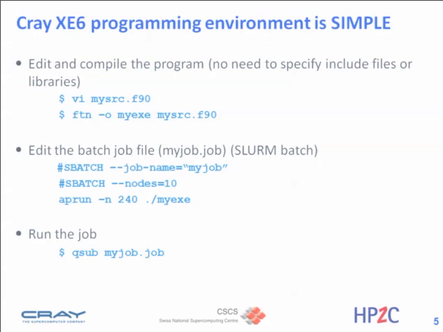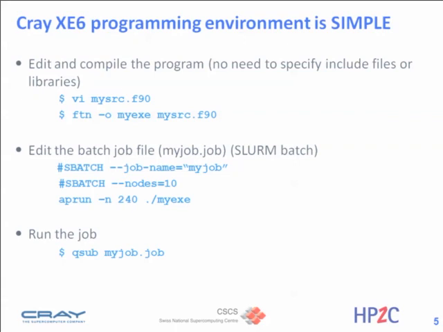Then you need to edit a batch file or run interactively in some cases. You set up information in the prologue of the batch file, for example, the name of the job and the number of nodes you need to use, and then you run the executable with aprun, and that's what you need. And as I said before, ALPS allocates the nodes you need to use.